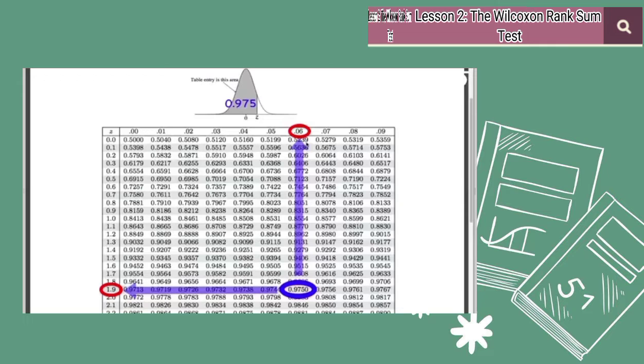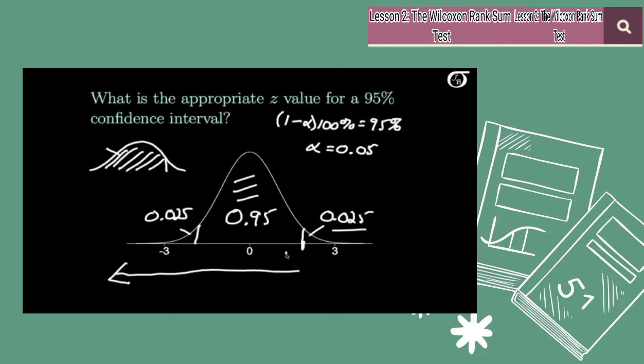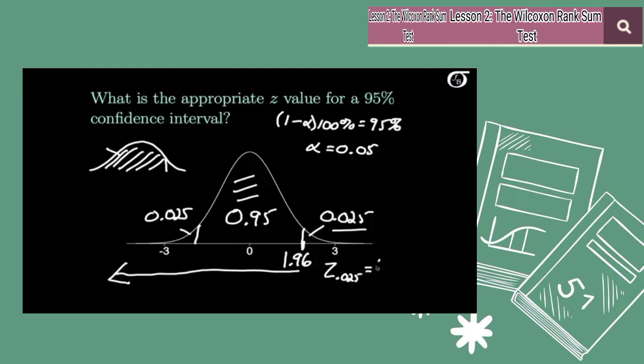And so the appropriate Z value is 1.96. The table tells me that this value right here is 1.96, or in other words, Z sub 0.025, the Z value with an area of 0.025 to the right, is 1.96.